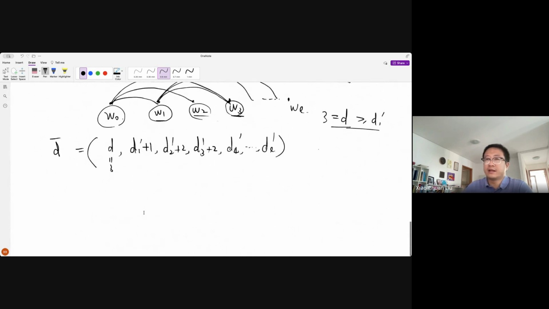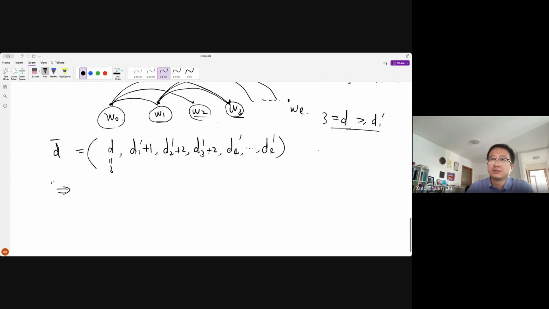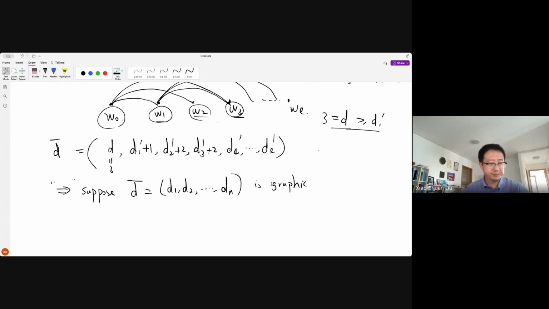Okay, so another direction. Suppose now D bar is given. So you have D1, D2 until Dn, and it is graphic.